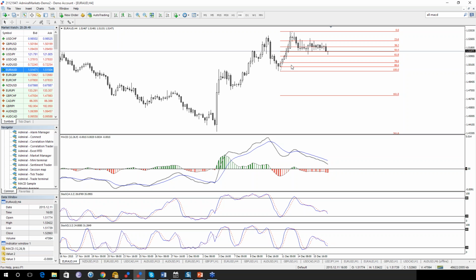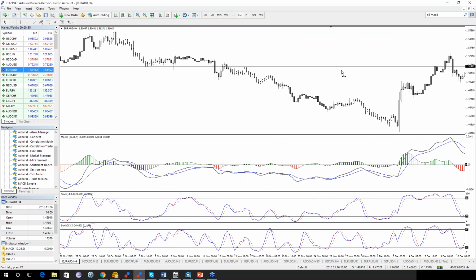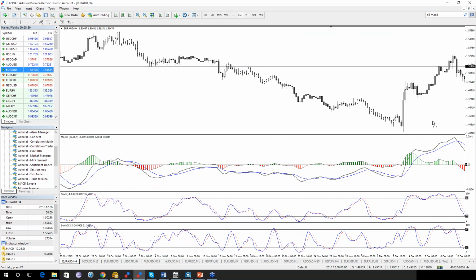Because you can also test it like this. Assume that this was the price and that the price has started to fall from this point. You see MACD has crossed here. It's still above the zero line, but MACD has crossed down.